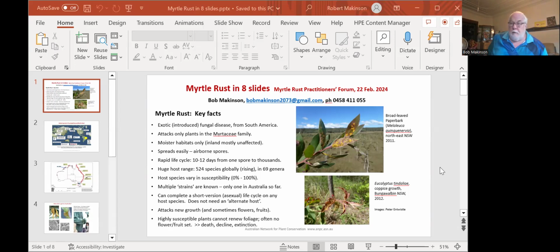It attacks new growth, not older leaves, just new shoots and leaves, and occasionally, in some species at least, flowers and fruits. And basically, highly susceptible plants cannot renew their foliage. There's often no flower or fruit set because the new shoots have been killed that would have supported those. So you get death of the individual plant, and at a species scale, you may get local or total declines and extinction.